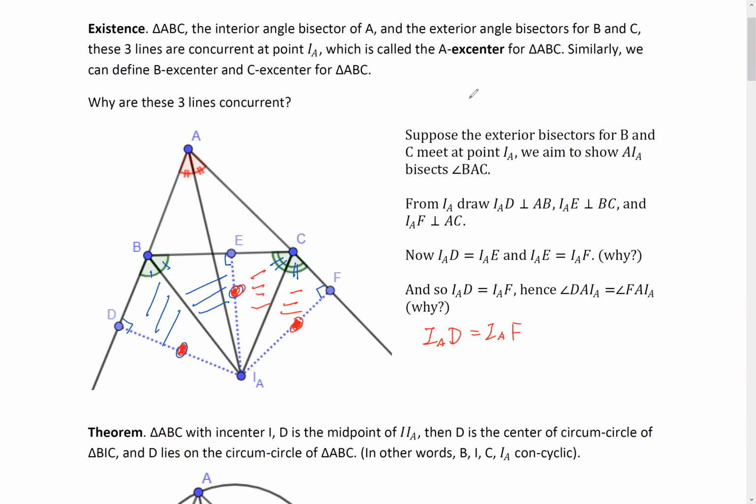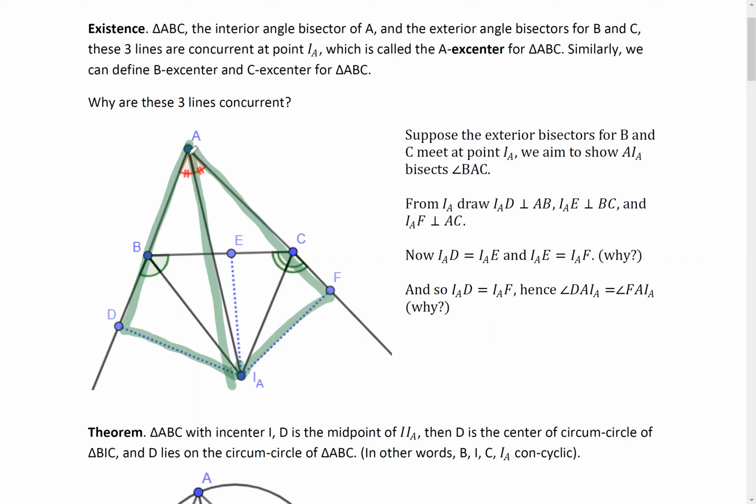The consequence of that is that this triangle now is congruent to this one. All right, let me clear the graph a little bit. What I mean is this triangle is now congruent to this one. Okay. Why?